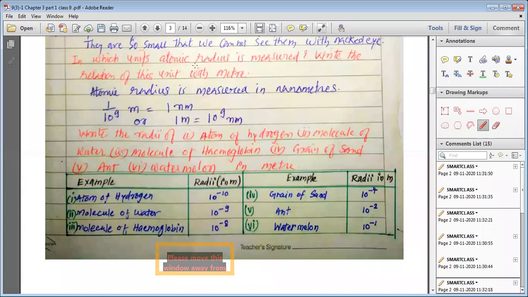In which units is atomic radius measured, and write the relation of its unit with the meter. तो बच्चों, atomic radius is measured in nanometer. Atomic radius is measured in the unit called nanometer, and 1 nanometer is equal to 1 divided by 10 to the power 9 meter, or 1 meter is equal to 10 to the power 9 nanometer.